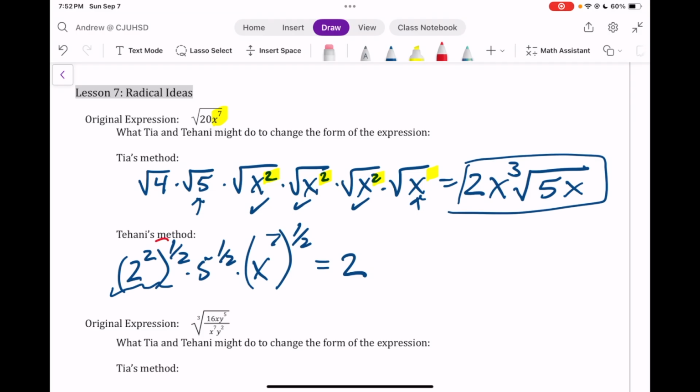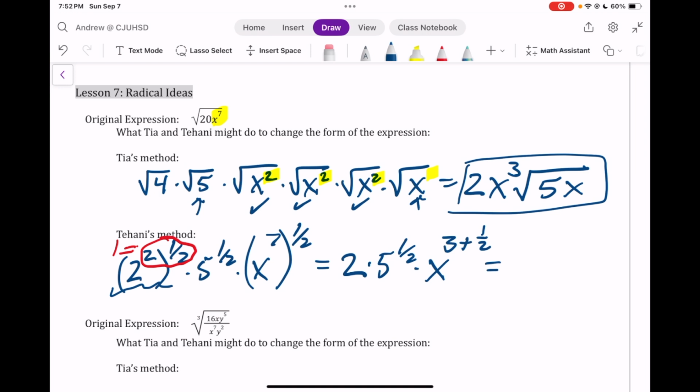Because this right here is equal to 1. See, that's why it's 2 to the 1. And then you have 5 to the 1/2. And x to the 7th to the 1/2 is x to the 7 halves. And that as a mixed number would be 3 and a half.